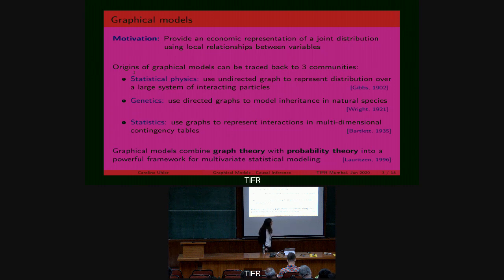So that's really the motivation for graphical models, and it's a really nice whole theory that combines graph theory together with probability theory into a pretty powerful framework for looking at multivariate distributions.